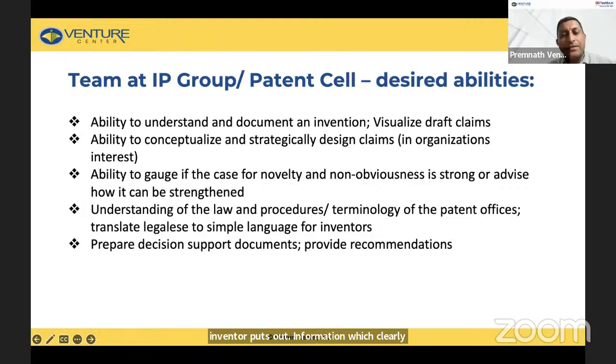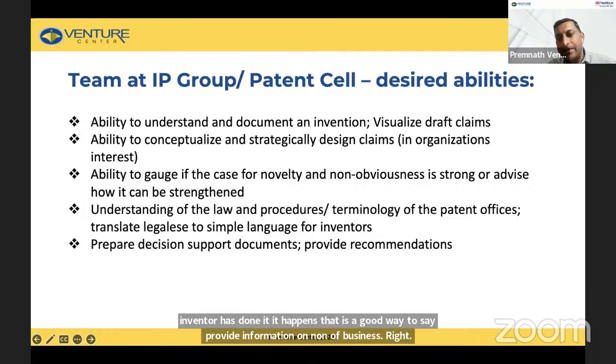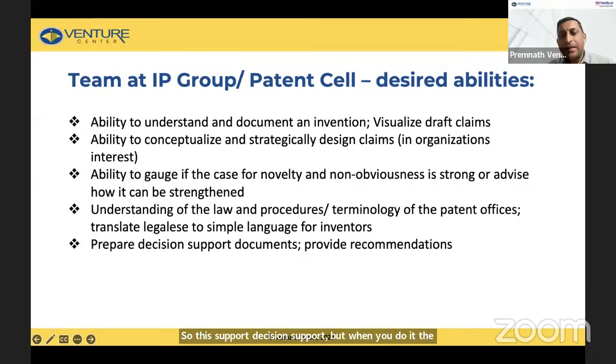That means there is an inventive step that happened which was unanticipated, and that could come out through data, by illustrating, say, a case where you would expect it would happen but it doesn't happen. But when you do it the way the inventor has done it, it happens. That is a good way to provide information on non-obviousness, right? So decision support documents which clearly articulate where the weakness is and provide recommendations can also be quite helpful.